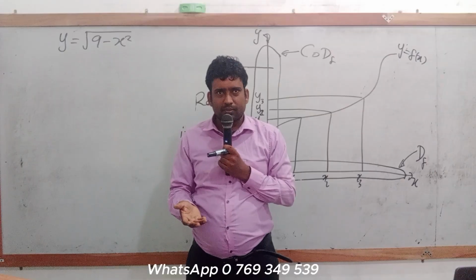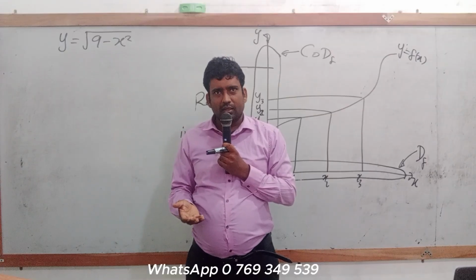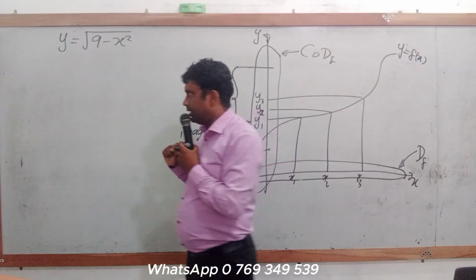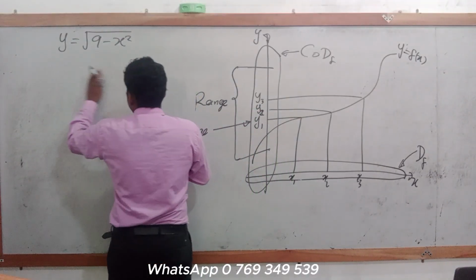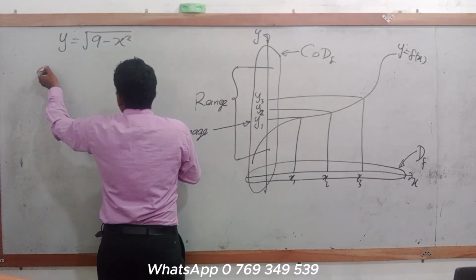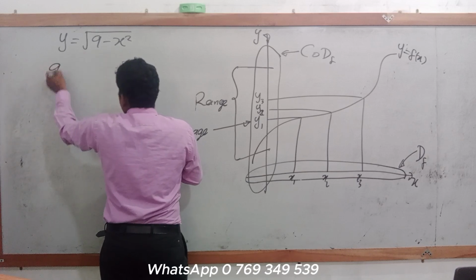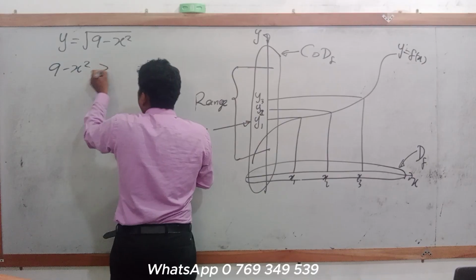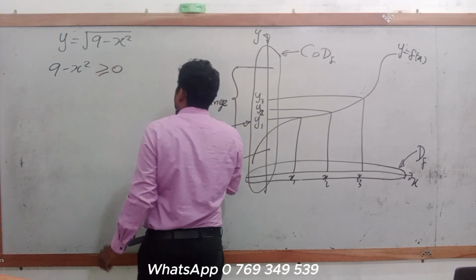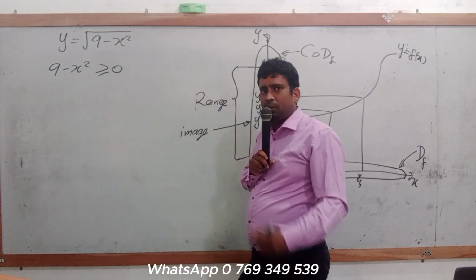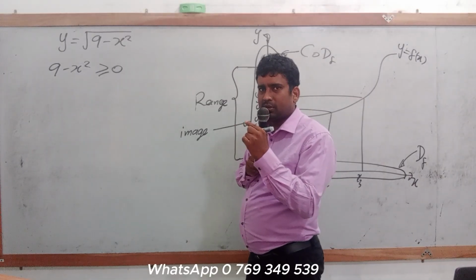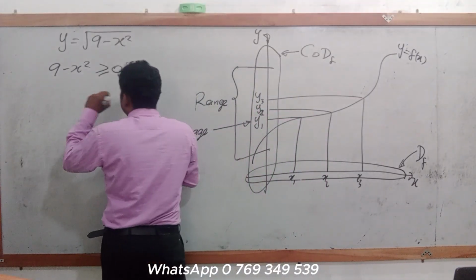Therefore we can't. Then we can say that 9 minus x square should be greater than or equal to 0.